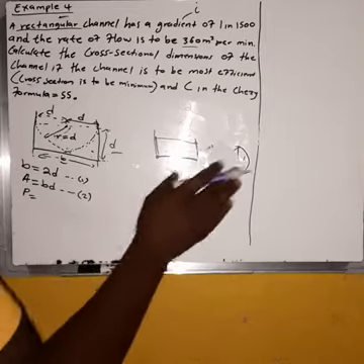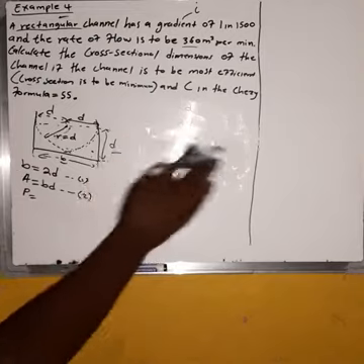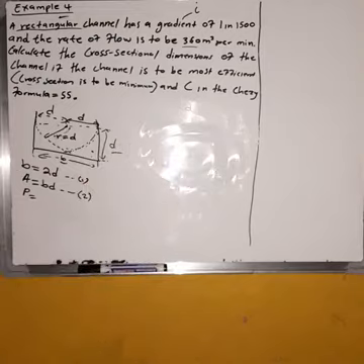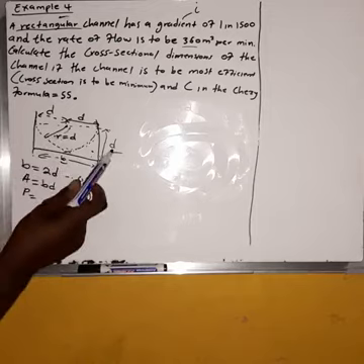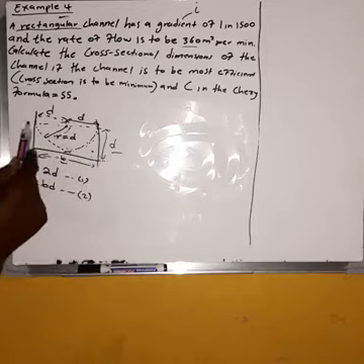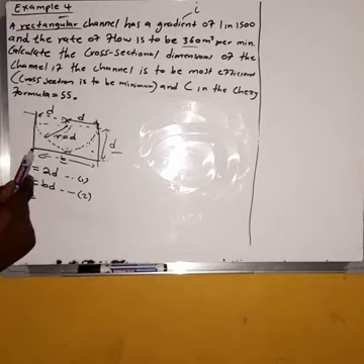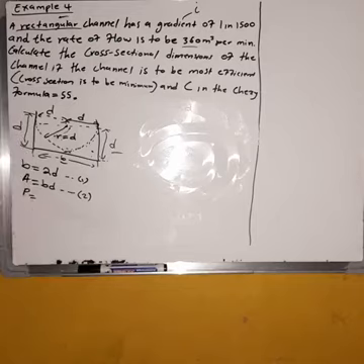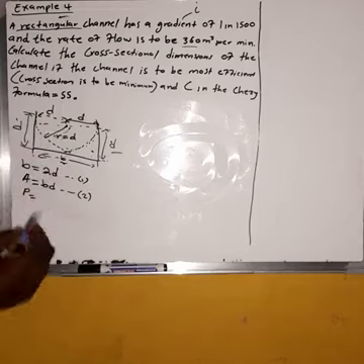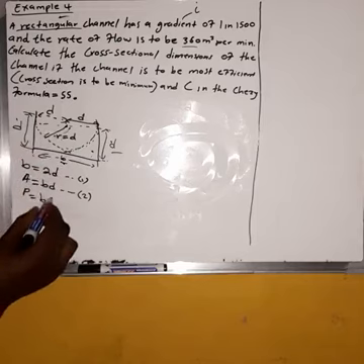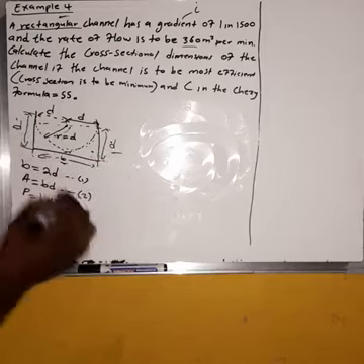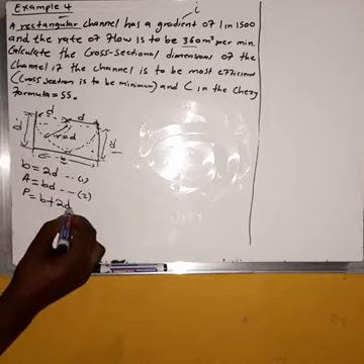Here is D, here is the same as D, so it will be D plus D plus B. That means it will be B plus 2D.